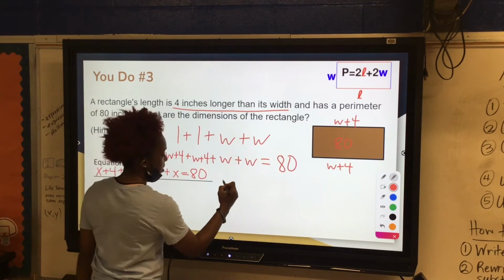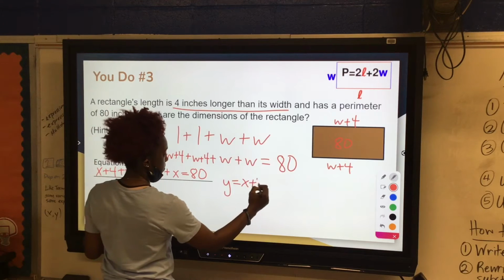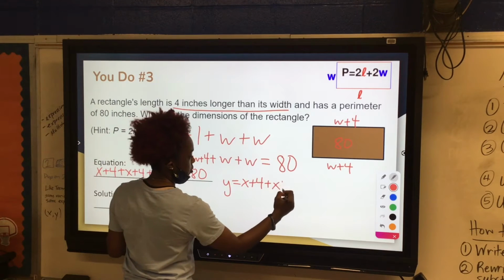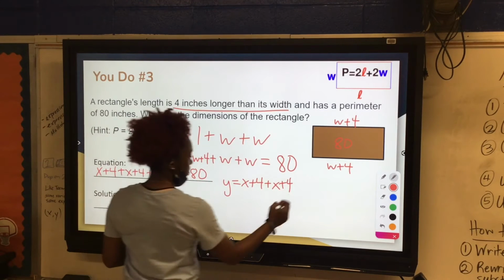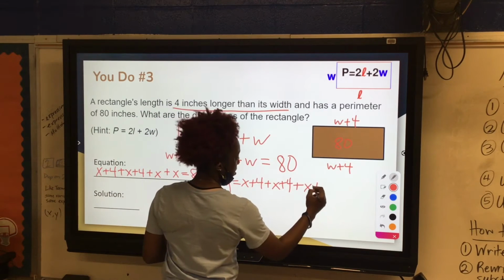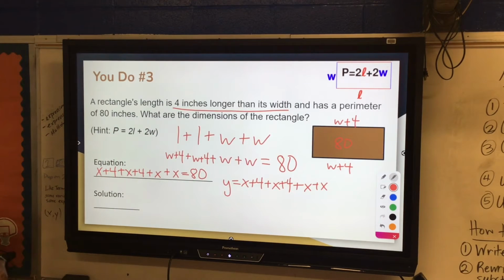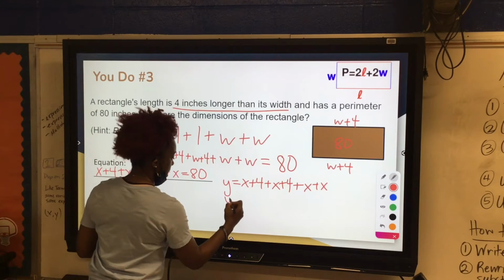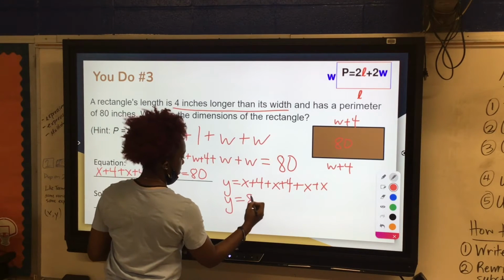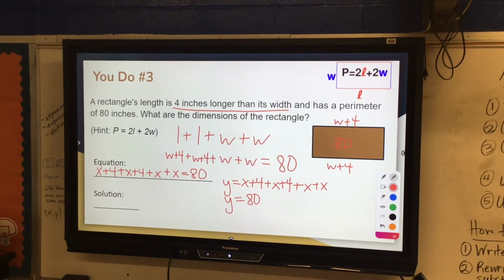So, in Desmos, we got Y equals X plus 4 plus X plus 4. That's giving us both of our lengths, okay? And then we got plus X because we don't know the width. Everybody follow me? And then on the second input box, we have Y equals 80. So let's do this. Put it in Desmos.